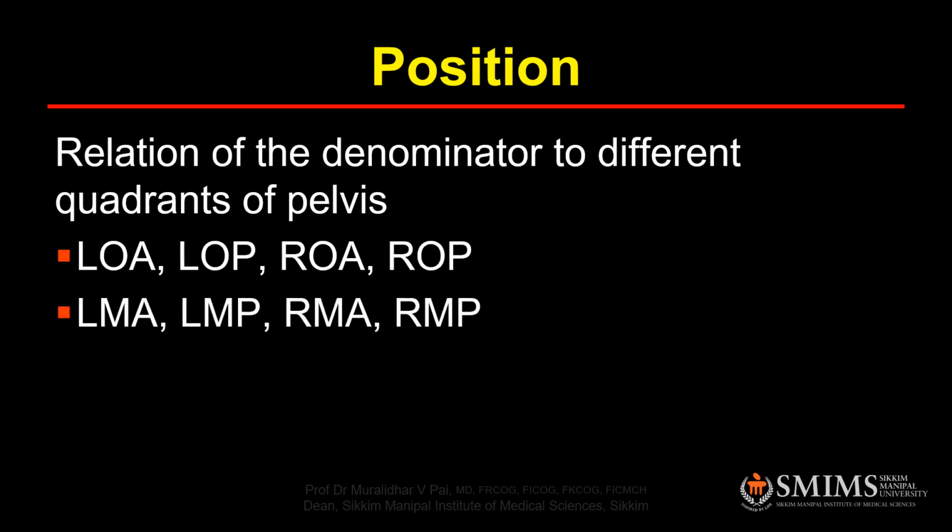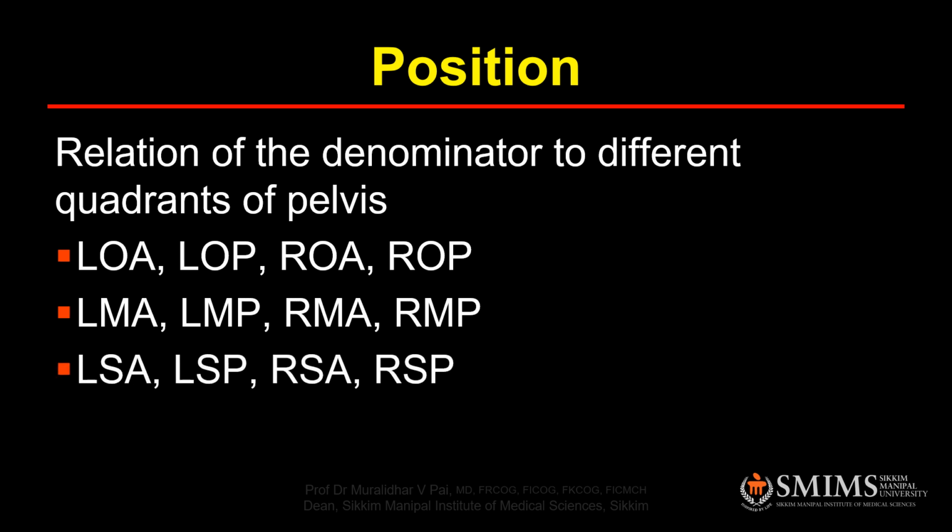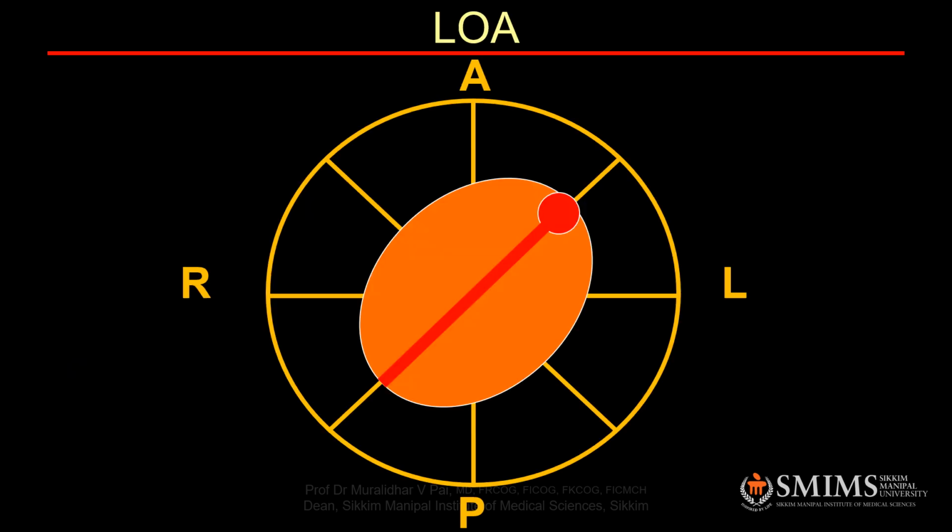In face, there can be left mento-anterior, left mento-posterior, right mento-anterior, or right mento-posterior. In breech, it is left sacro-anterior, left sacro-posterior, right sacro-anterior, or right sacro-posterior.